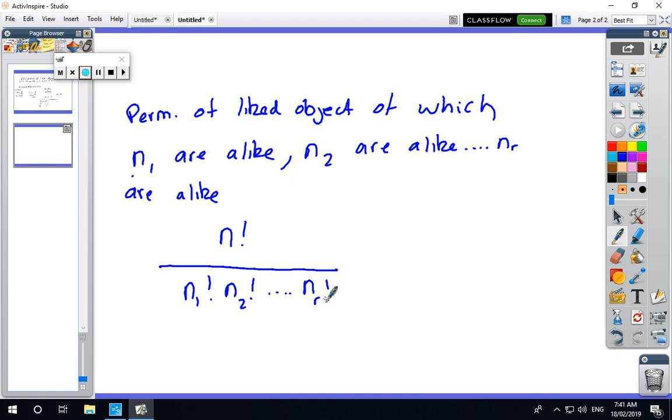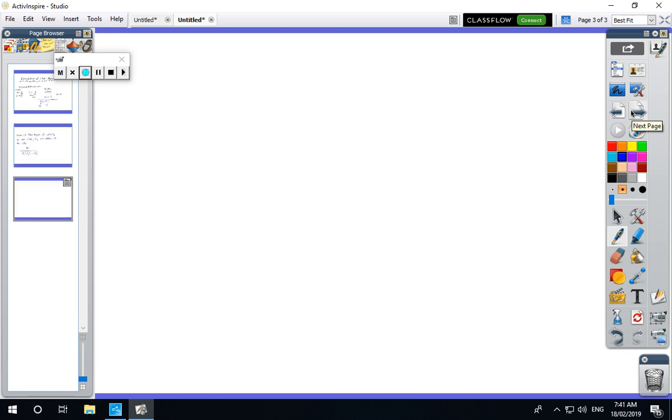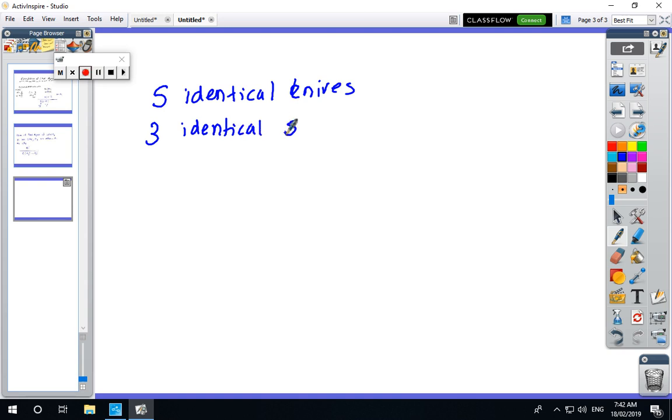So if we want to try something completely different, we're talking about the word identical. We say in a drawer we have 5 identical knives, 3 identical spoons, and 6 identical forks.